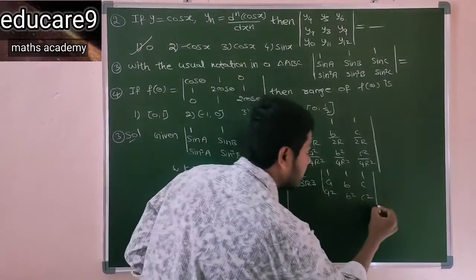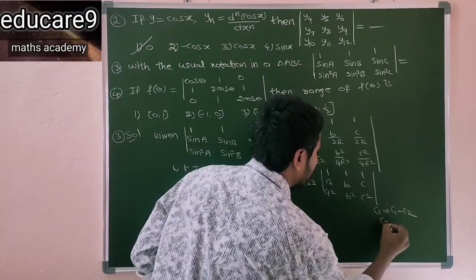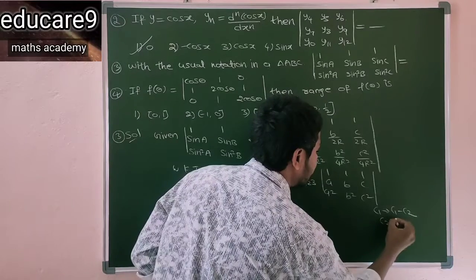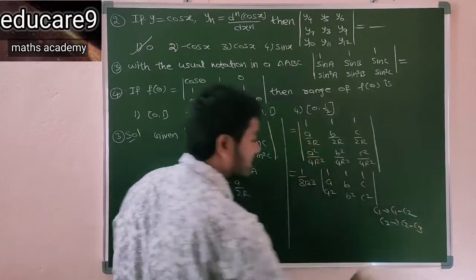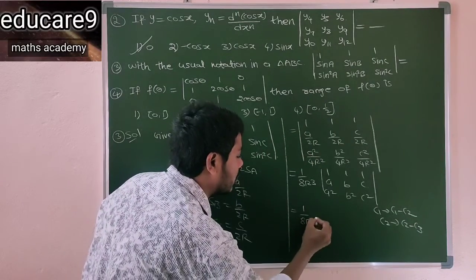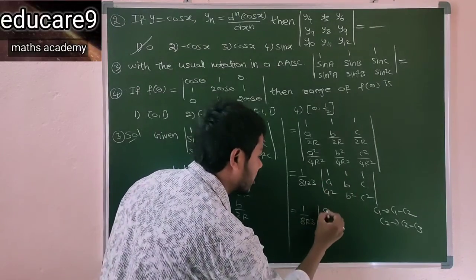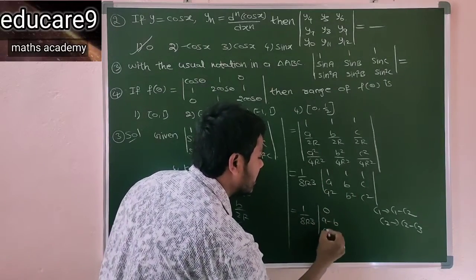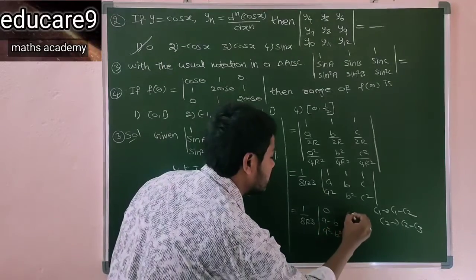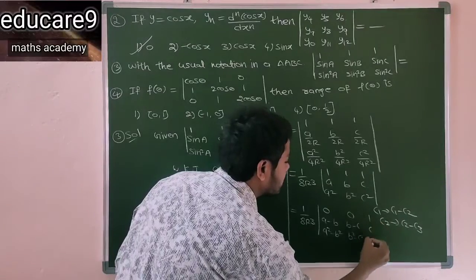So now here C1 implies C1 minus C2, and C2 implies C2 minus C3. So what you get? 1 by 8R cube into C1 minus C2, 0, a minus b, a square minus b square, 0, b minus c, b square minus c square, 1, c, c square.